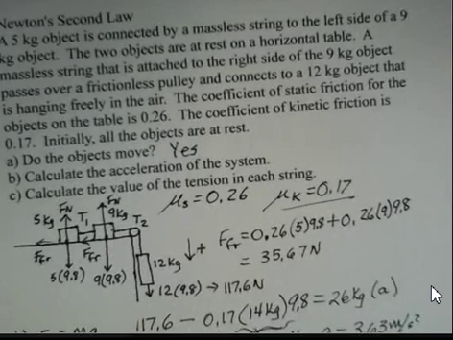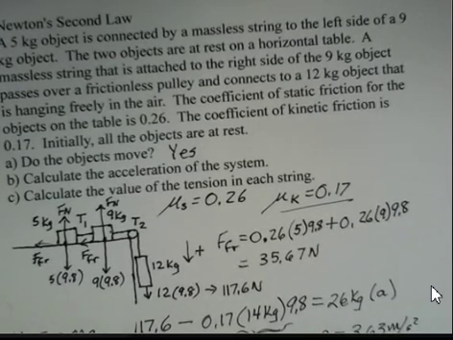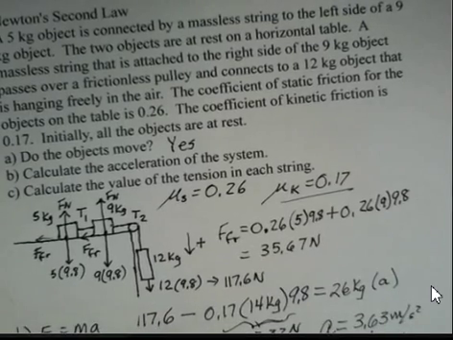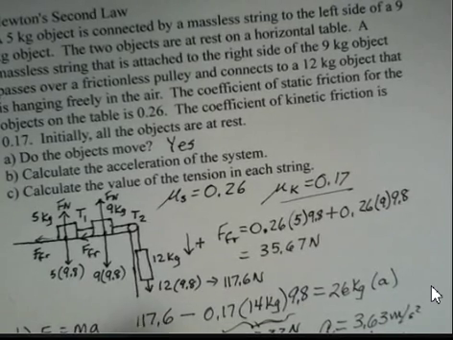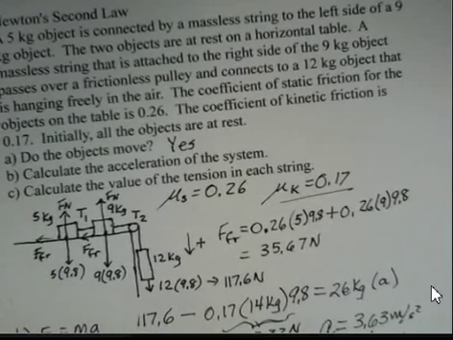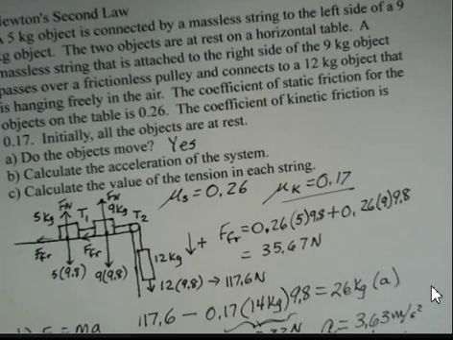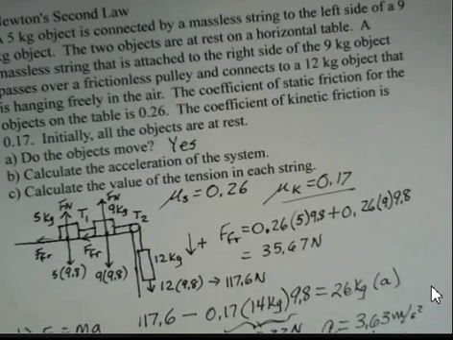So that's part B. Part C, what is the tension T1 and T2? Now I'm going to isolate, I'm just going to take a look at this 5 kilogram object. And tension T1 is causing it to have this acceleration. We do have friction back this way.